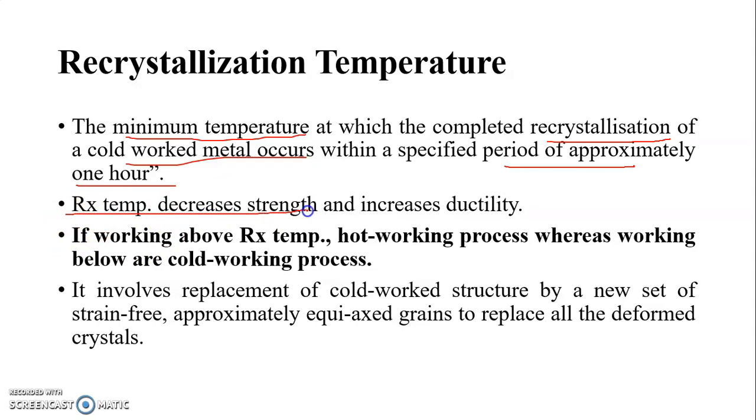Recrystallization temperature decreases the strength and increases the ductility. As I discussed in the previous slide, if we increase the temperature above the recrystallization temperature, there is recovery in the grains and fragmentation in the grains, so after recovery the ductility of the material will increase, but we lose strength in that material.